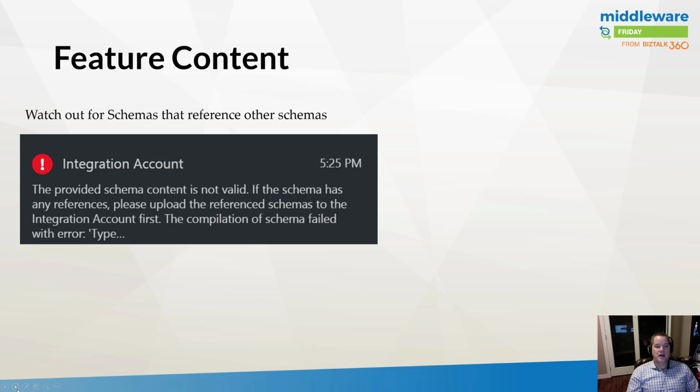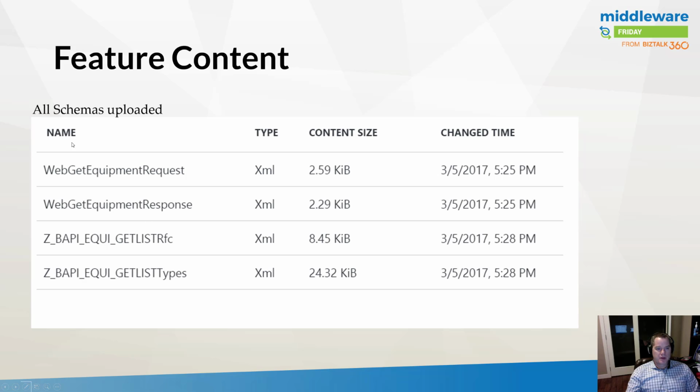It's trying to find a reference schema. And in this case, I didn't upload the reference schema first. I uploaded the proper schema. So I had to go back, upload the reference schema first, then I could upload the parent schema, and everything then went in smooth. After I uploaded my 4 different schemas, this is what it looks like. They went in without a hitch.